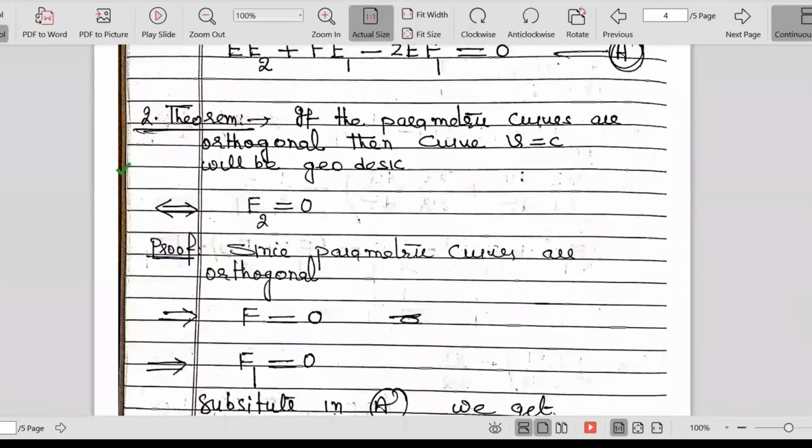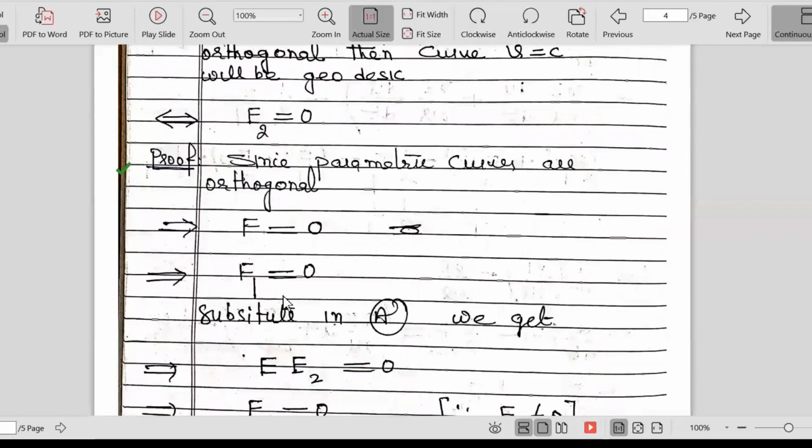Now, theorem number 2. The statement is: if the parametric curves are orthogonal, then the curve v equal to c will be geodesic if and only if E2 equal to 0. Since we know that for orthogonal parametric curves F equal to 0, it implies F1 equal to 0.